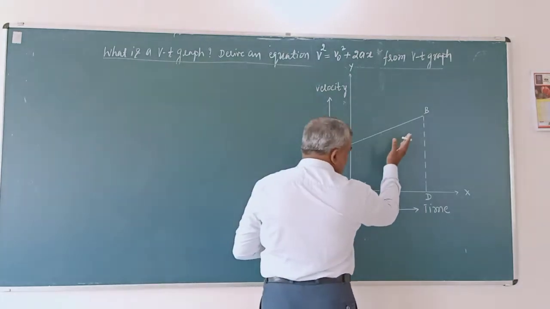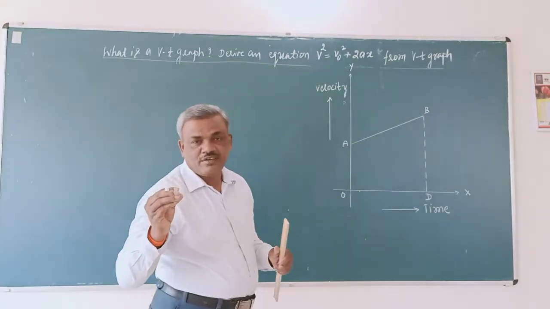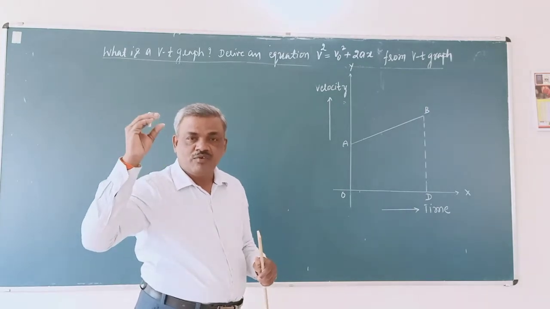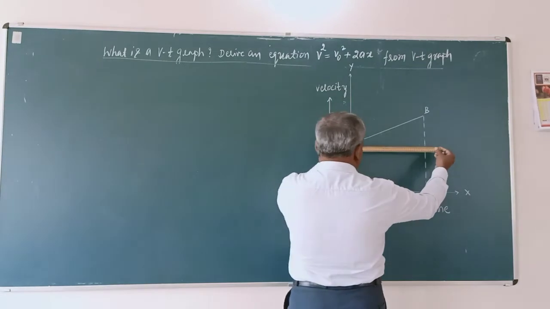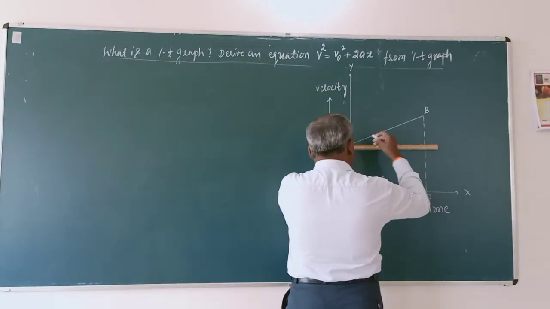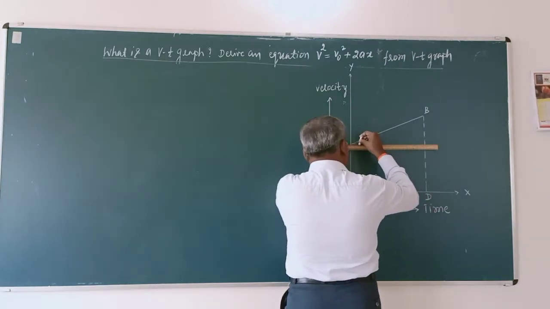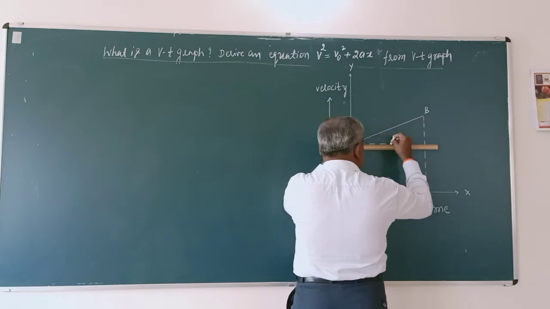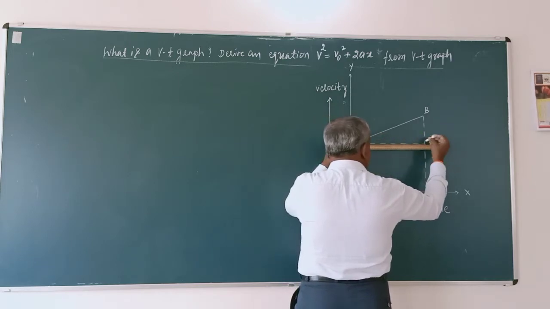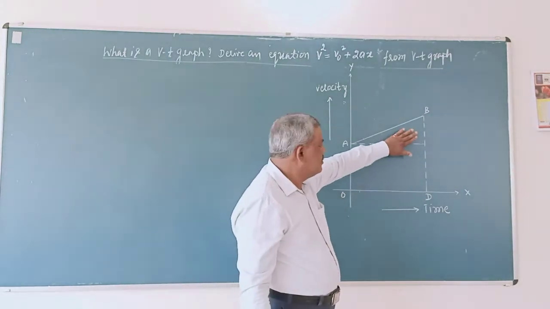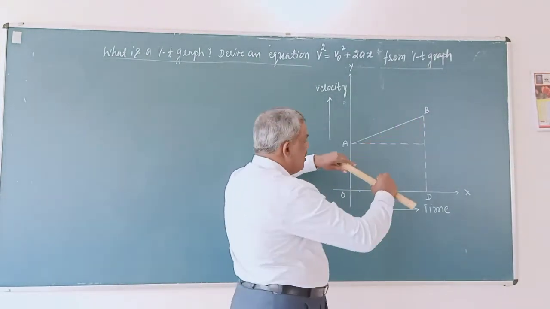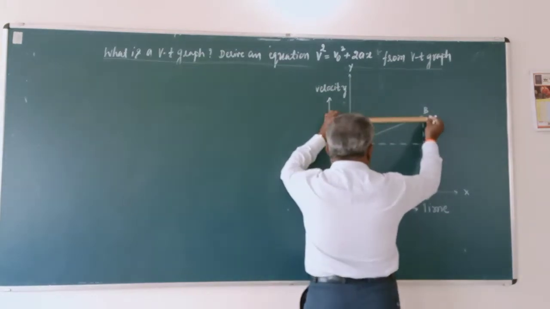So in this area you construct one rectangle and one triangle. This is a rectangle, now this is a triangle, and join this line with a dotted line here.